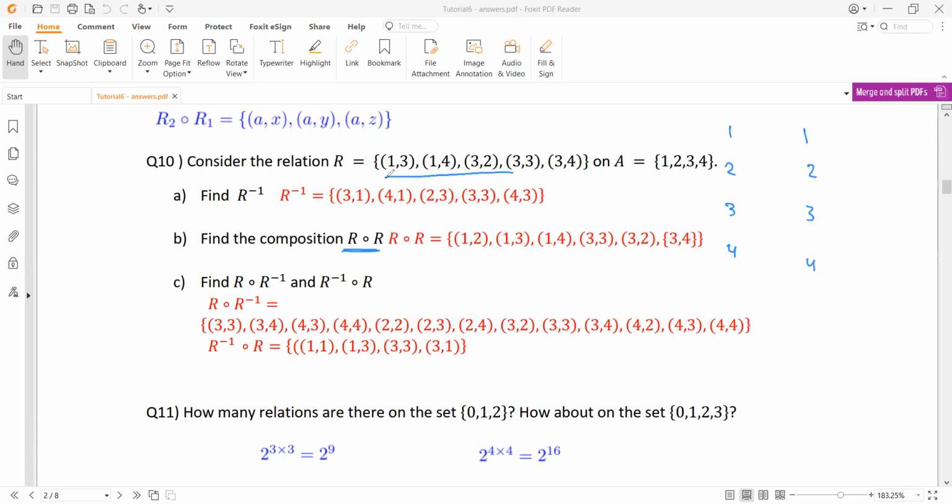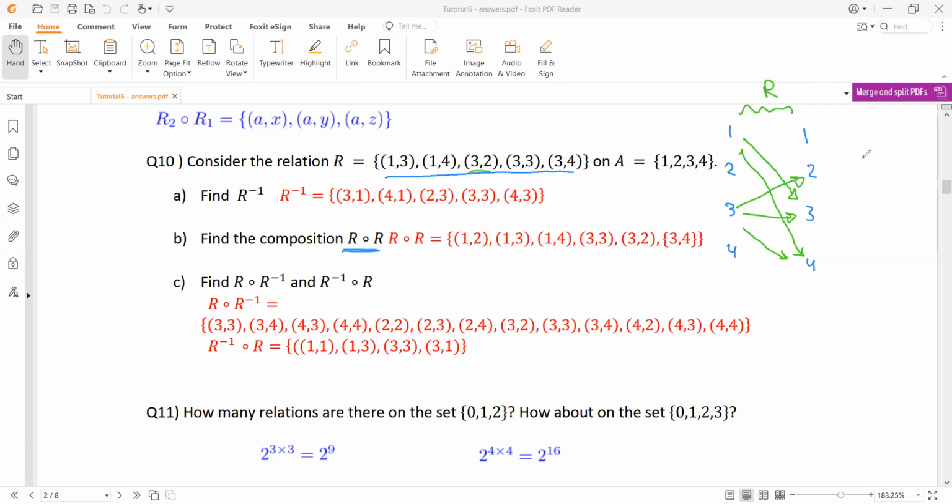And try to represent R on the graph. 1 goes to 3, 1 goes to 4, and 3 goes to 2, and 3 goes to 3, and 3 goes to 4. So now I represented R just once.